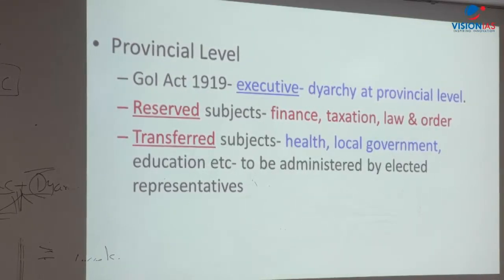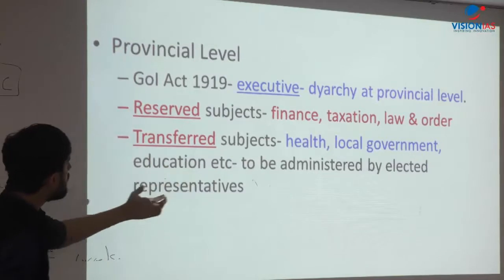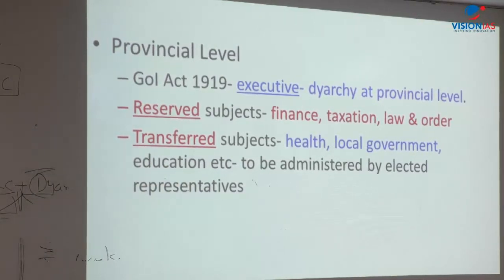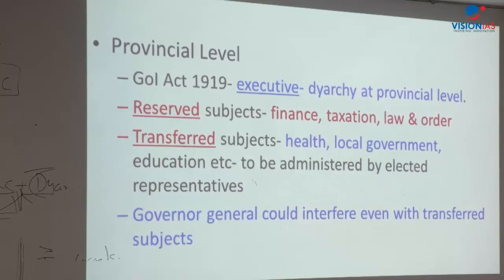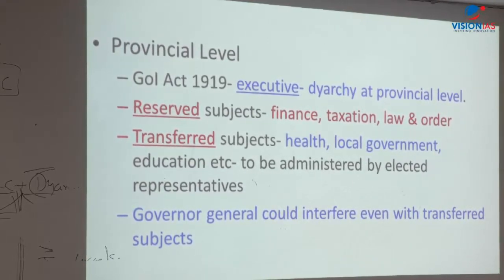The subjects that were transferred to Indians or the elected Indians in the legislative councils were health, local government, education, etc. That was transferred. However, the Governor General could interfere even with the transferred subjects, could veto even a law passed on such aspects, and for implementing these developmental policies, the finances were still in the control of the Governor General. So the division of power was largely ineffective.